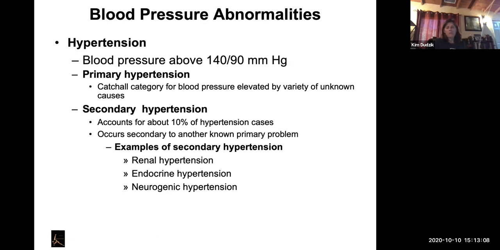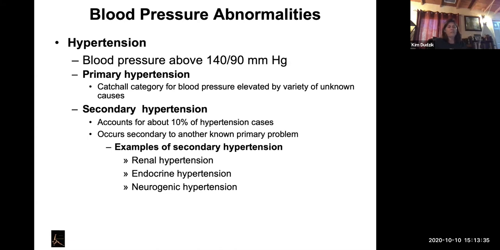This might have to do with if you have high salt levels, and therefore the kidney isn't responding correctly, right? Or your endocrine system isn't responding, or something's going on with your nerves. So hypertension, a big problem in this country.